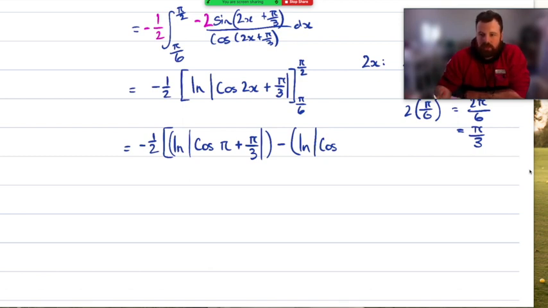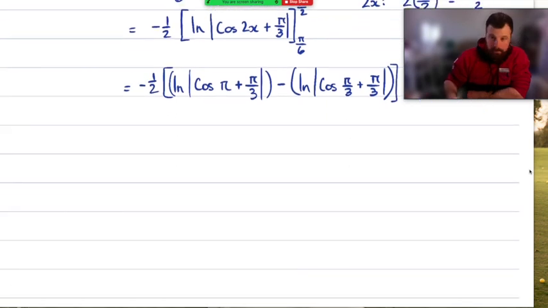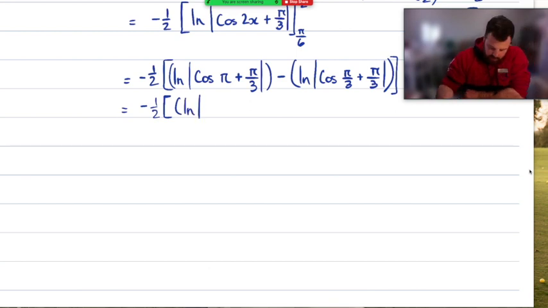and pi on 6, when I times it by 2, we know simplifies to pi over 3, so cosine of pi over 3 plus pi over 3, absolute value of that. Cool. So moving along, let's simplify this a bit. Negative a half of the absolute value of ln of cos of, well, this needs to become 3 pi on 3 if I want to add them together.